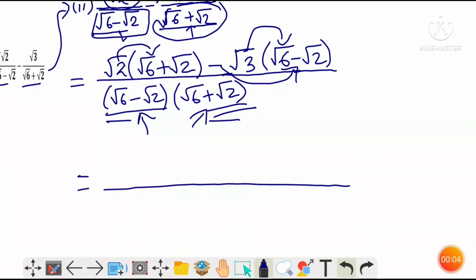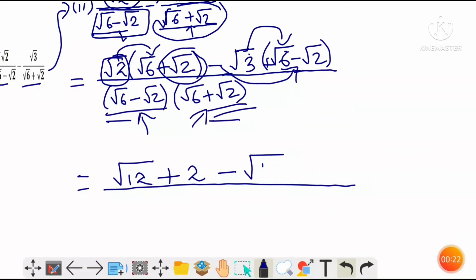By multiplying we'll get root 2 into root 6, 2 6s are 12, and plus root 2 into root 2, the same root will cancel, so it will be 2, minus into plus will be minus, and root 3 into root 6, 3 6s are 18, minus into minus will be plus, 3 2s are 6, root 6.